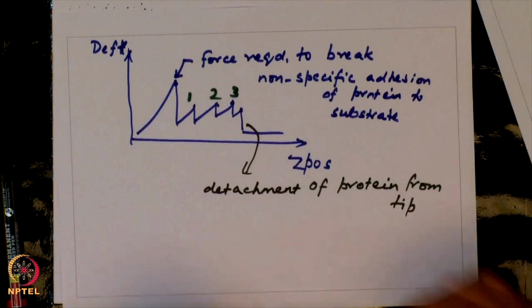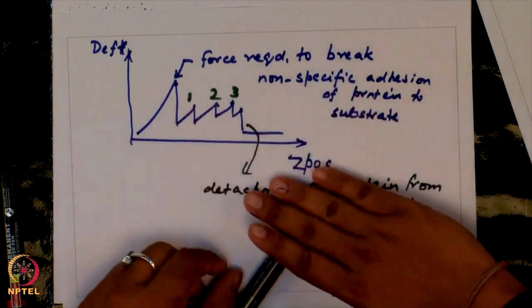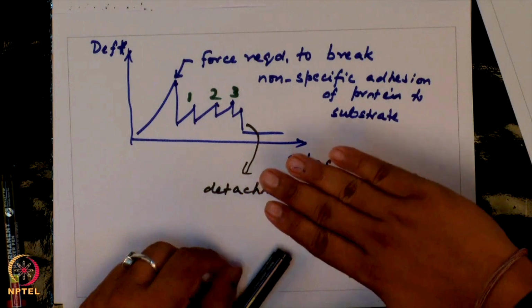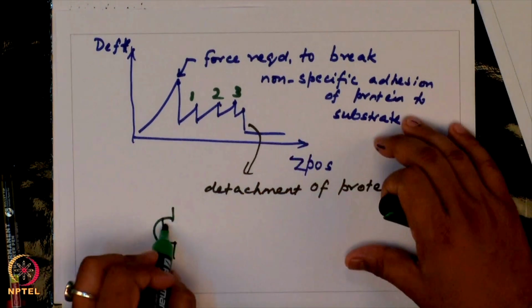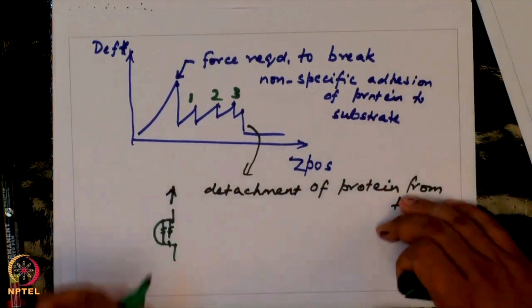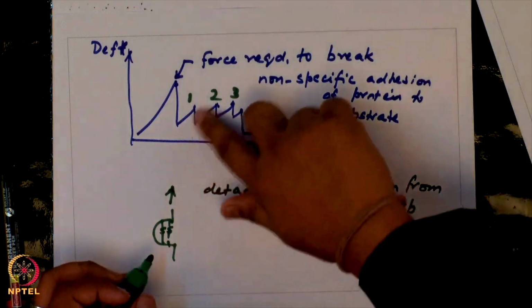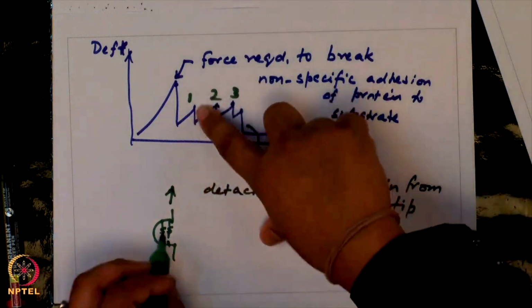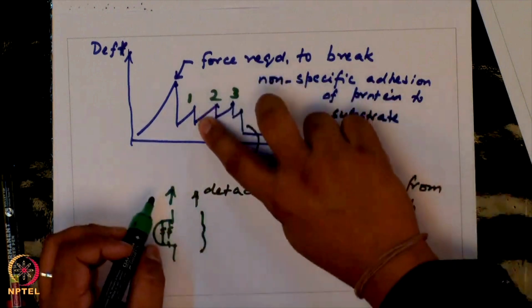Okay. So, if you focus on one particular peak, what you are doing is trying to bring the tip up, up, up. If you assume that each of these bonds is being exerted by this force, the bond is getting stretched, stretched, stretched. So, your force keeps on increasing, and at one point once the bond breaks, there is an instantaneous drop in the force.